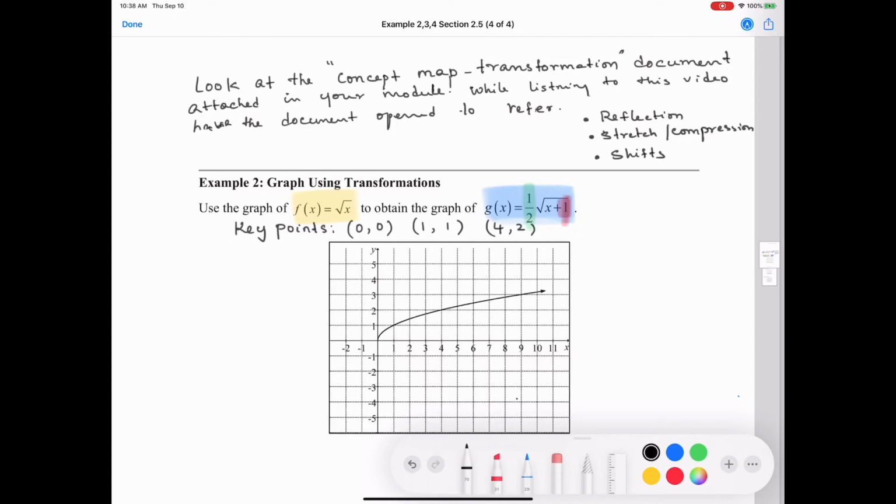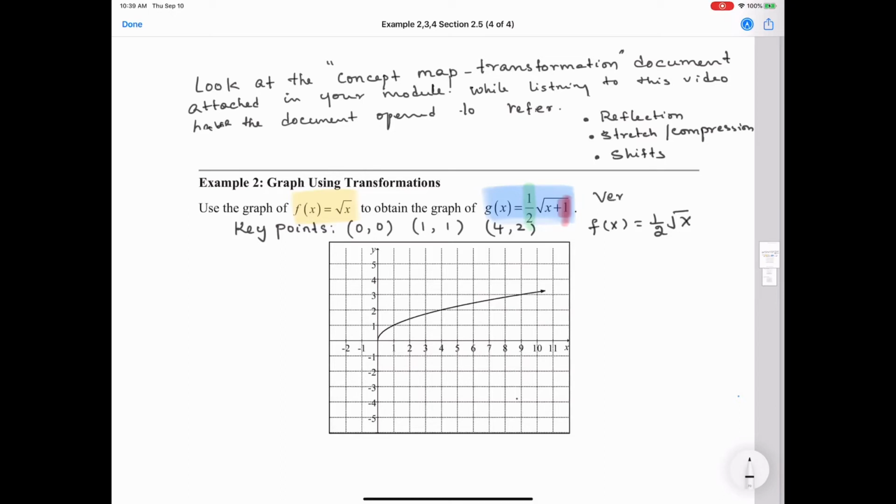So that will make my basic library function transformed into f of x is equal to 1/2 square root of x. Because it's a vertical compression, this half affects the y coordinate of the key points. So the effect would be multiplying half to the y coordinate.